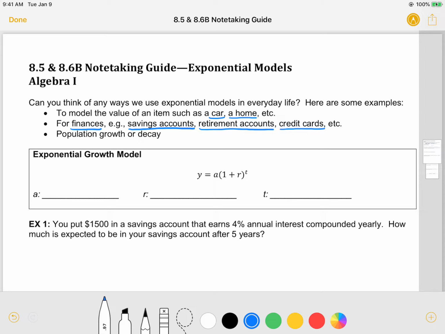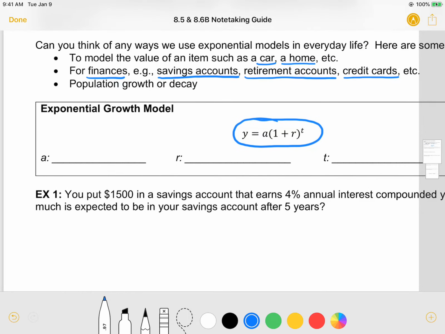So in our exponential growth model, we're going to look at that first here. We are going to use this equation right here. Y is equal to A times the quantity of 1 plus R raised to the t power, okay? Now, A is going to represent our initial amount. Okay?